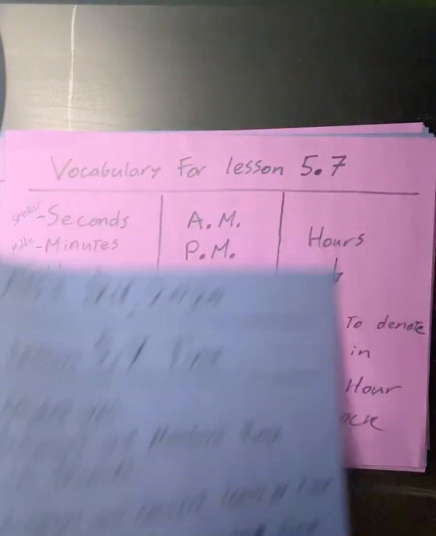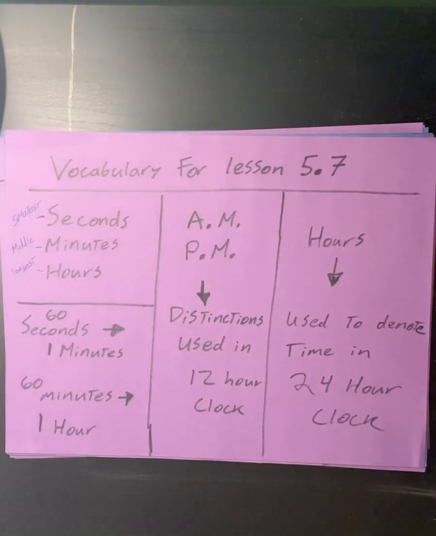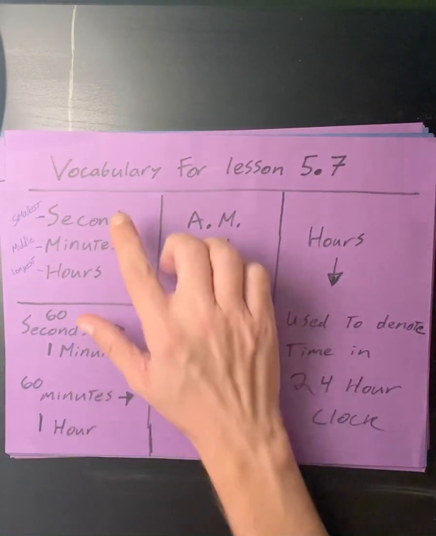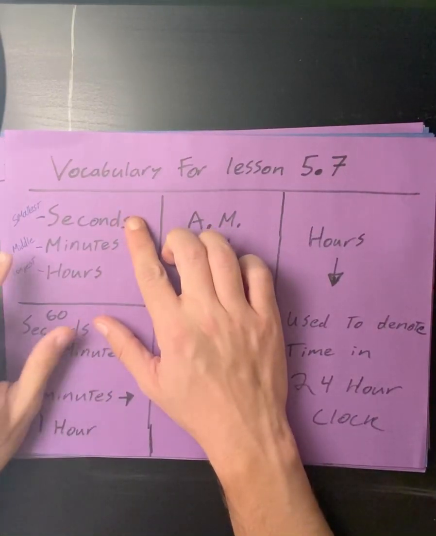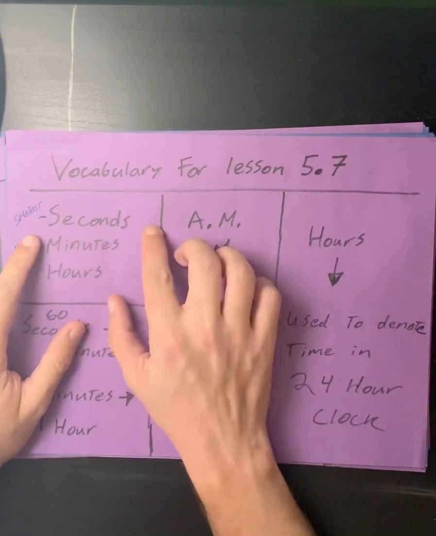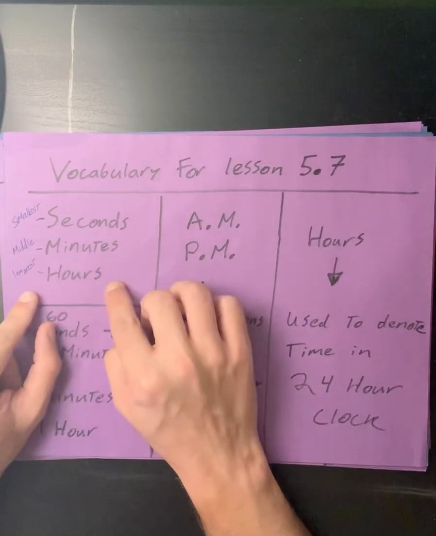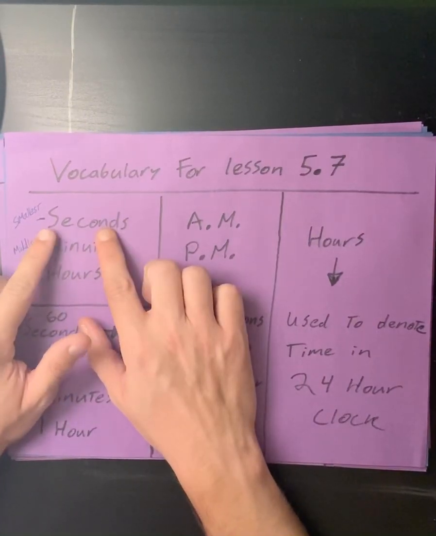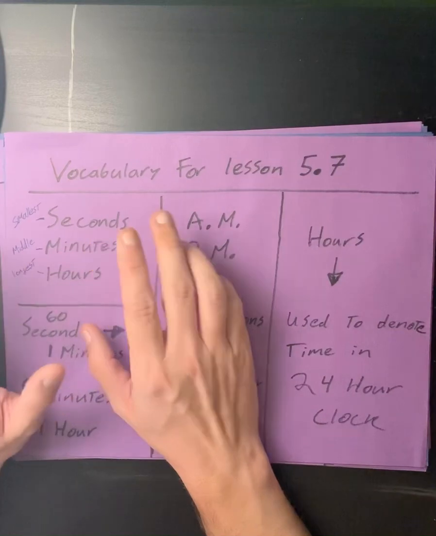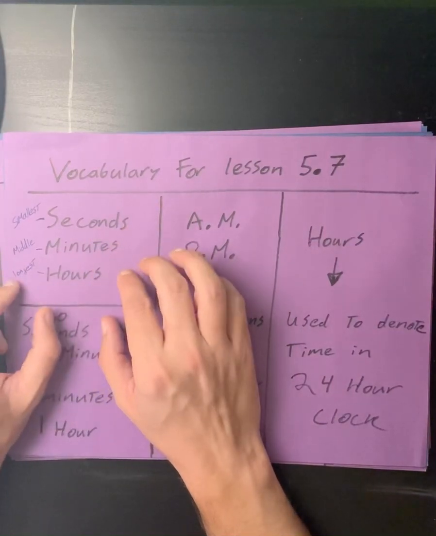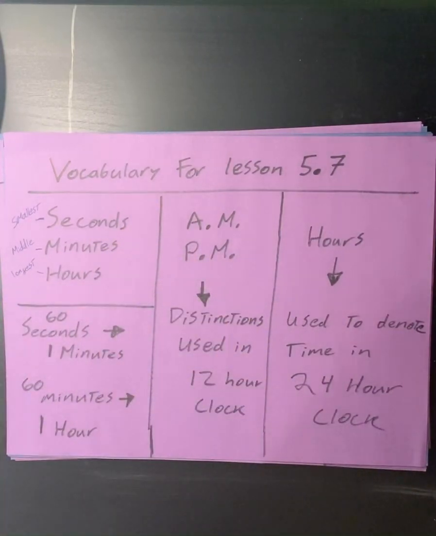To start us off, our vocabulary for a lesson is the units of time that we'll be using for today's lesson. We'll be using seconds, minutes, and hours. Seconds are our smallest, minutes are our middle, and hours are our longest. There are 60 seconds in every minute and 60 minutes in every hour.